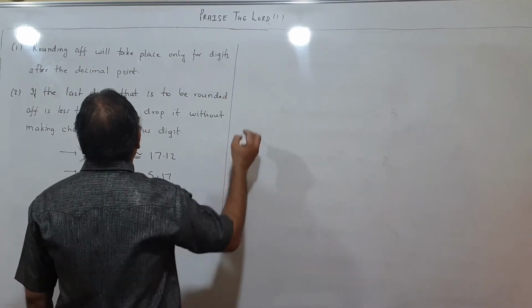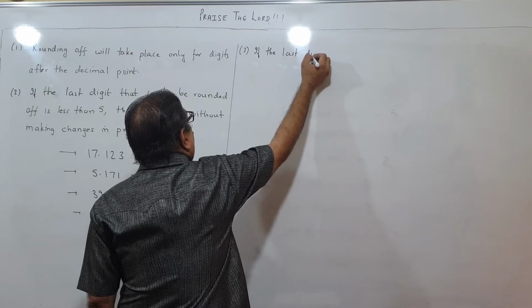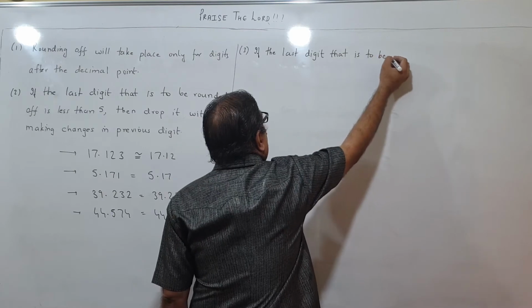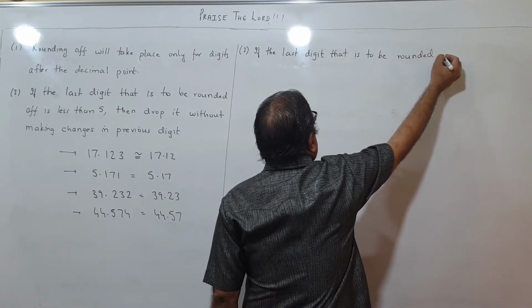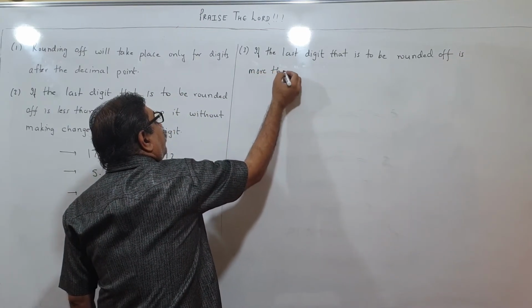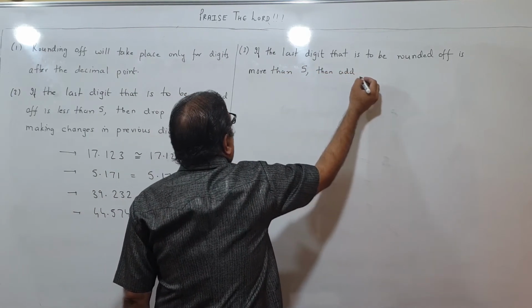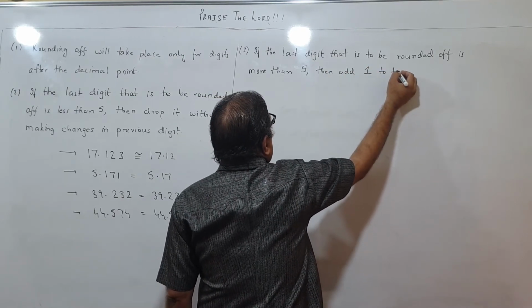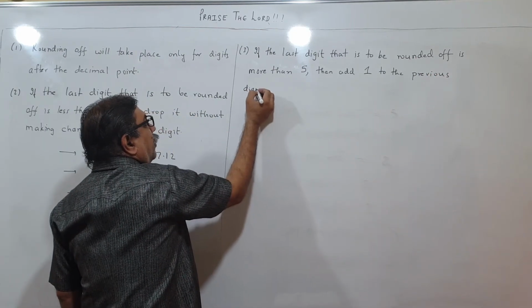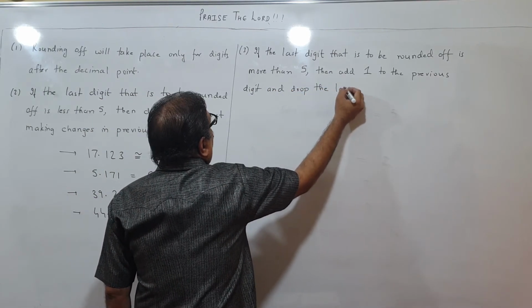Then, third rule, if the last digit that is to be rounded off is more than 5, then add 1 to the previous digit and drop the last digit.